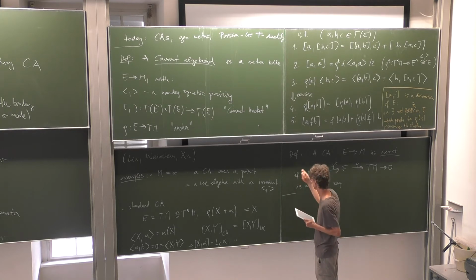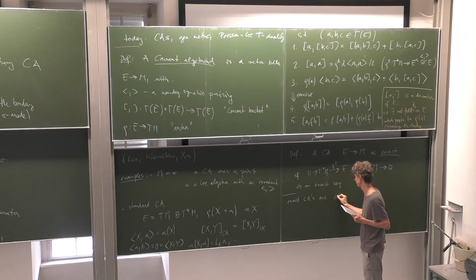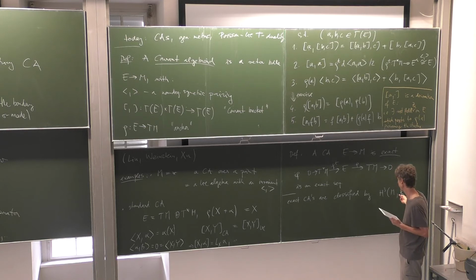So how to construct such things? They are classified by the third cohomology of M with real coefficients. And more precisely, what is happening?